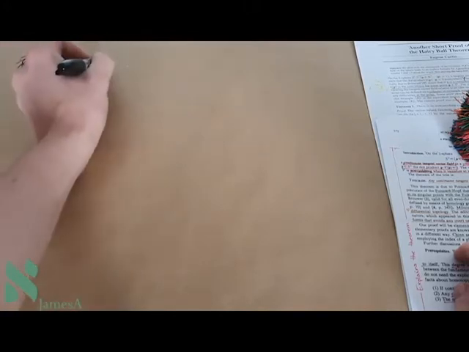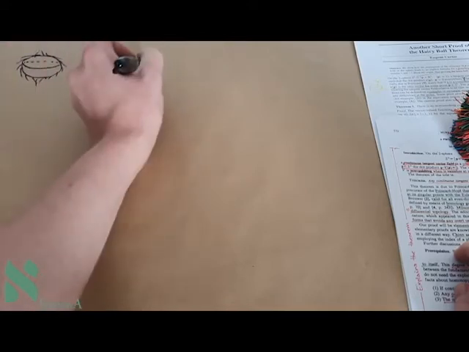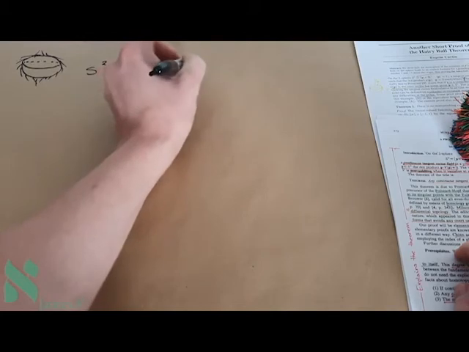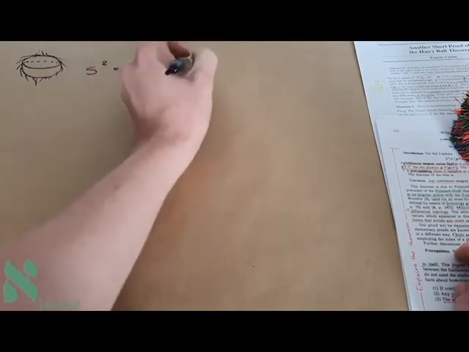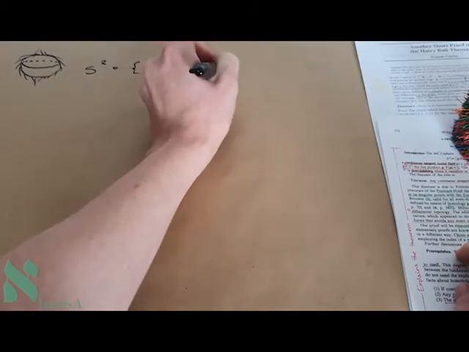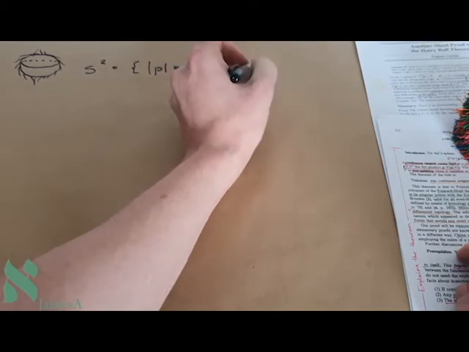S2 is topological notation for the set of points P such that the mod of P is equal to 1, where P is xyz.